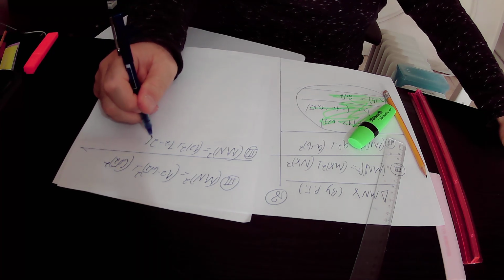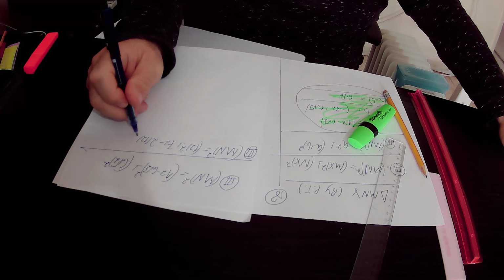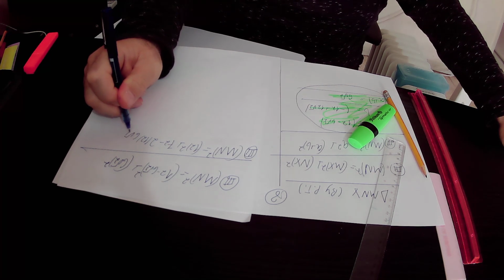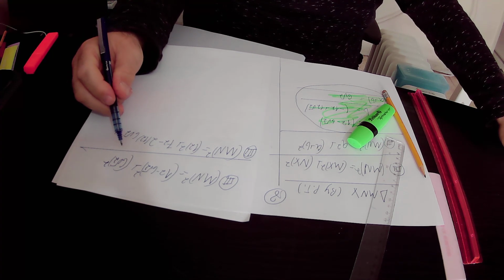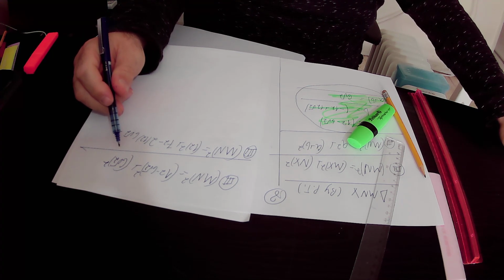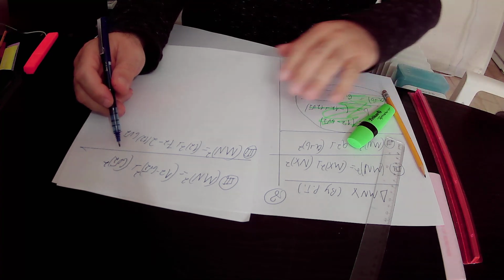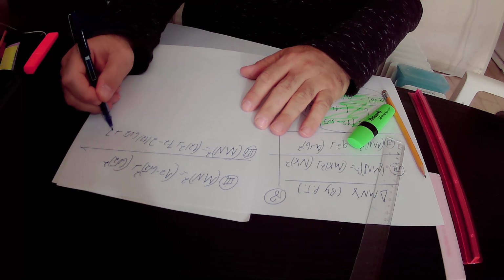Minus 2 times 12 times 6 times square root of 2, plus, again, 6 times square root of 2 squared, which is 6 squared, that is 36, times 2, that is 72.